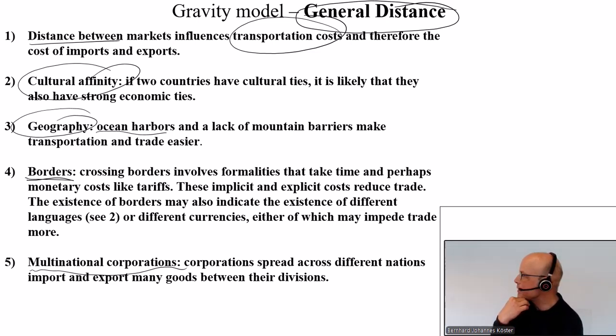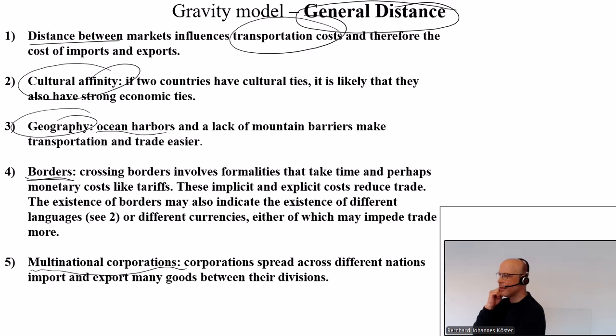But at first, let's go through what we understand by distance. If we talk in general of distance, this does not only mean how far away, measured in kilometers, two trading partners are, although this is one of the main causes.